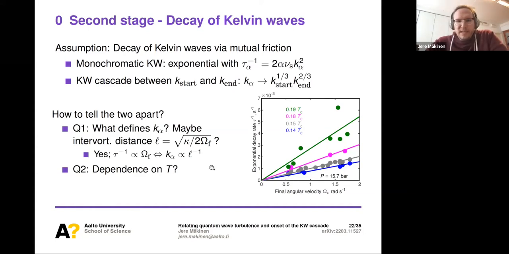Now the next question would be, what is the dependence on temperature? So let's say this is defined by the intervortex distance. Let's say this is fixed. It should still depend on alpha, right? So indeed, when we perform these measurements at different temperatures, we see that the dissipation rate does increase with increasing temperature, which is in line with what you would expect from this alpha dependence over here.